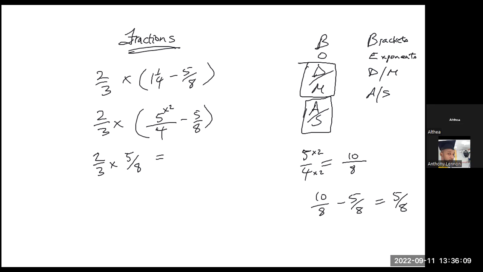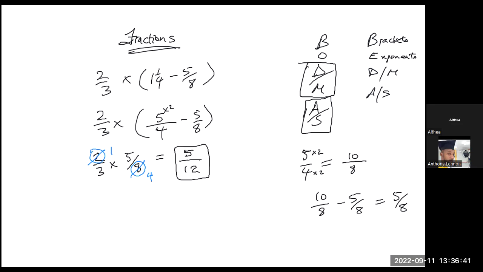Look at the numerator and the denominator, and once you can cancel, you cancel. 2 goes into 2 once and 2 goes into 8 four times. Now we can't cancel any further, so we multiply straight across: numerator times numerator, 1 times 5 gives 5, and 3 times 4 gives 12. So that's 5/12.